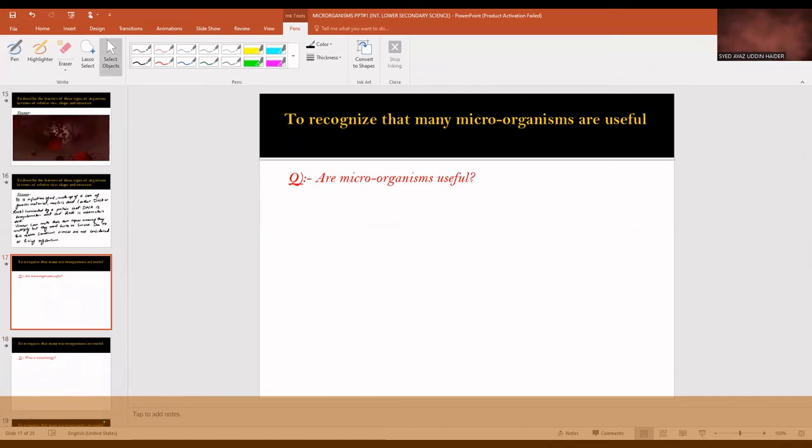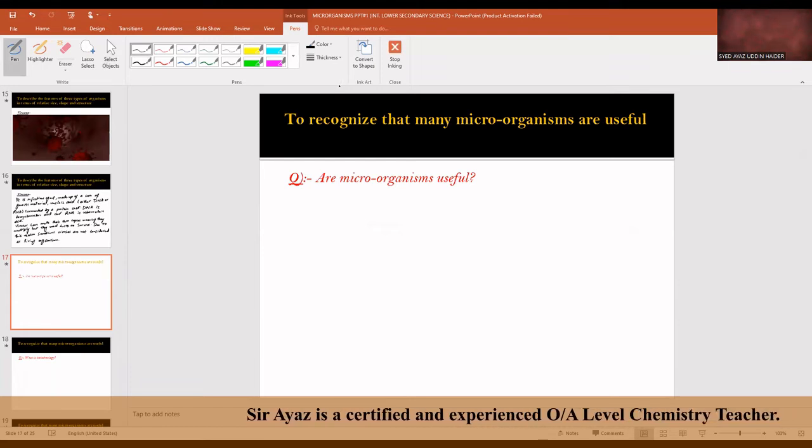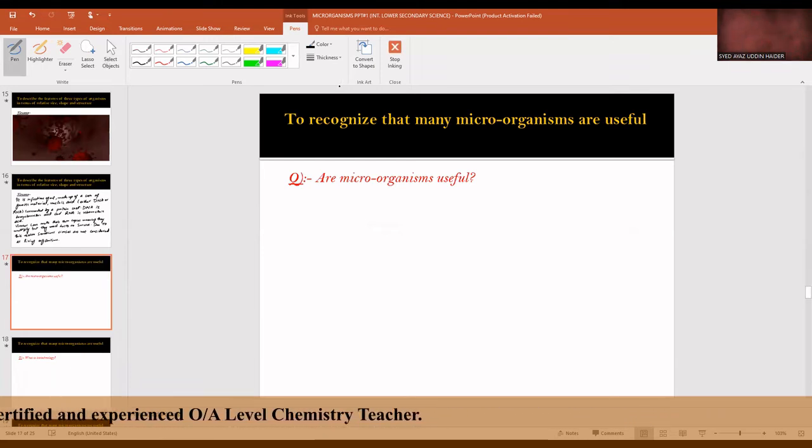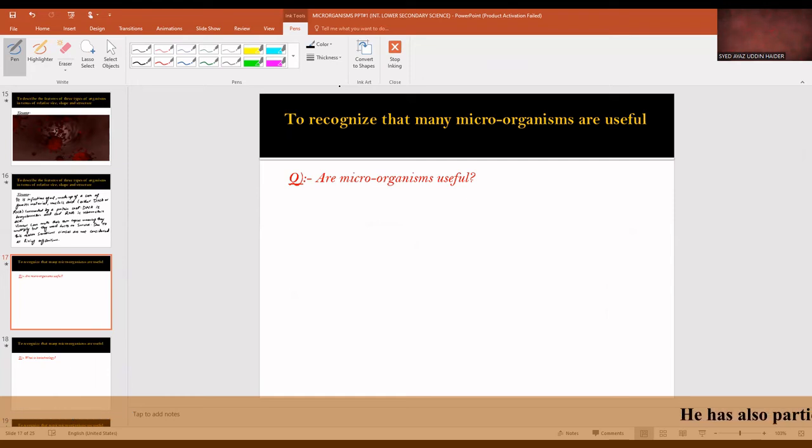Are microorganisms useful? Now is the question that whether these microorganisms are useful or have any application in our daily lives. The answer is yes.